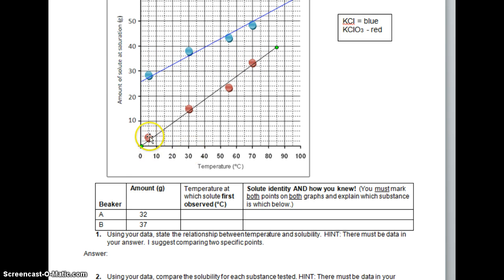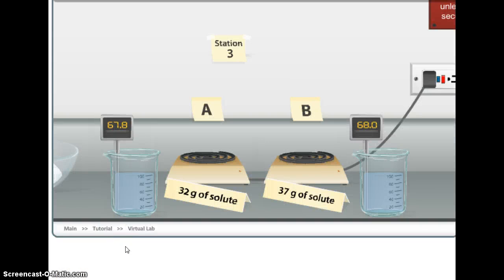All right, so when the temperature increases, what happens? The amount of solute that we need for it to be saturated also increases. So when temperature increases, the solubility increases. All right, and so that was our first question. When the temperature increases, solubility increases, or in other words, the molecules are moving faster.